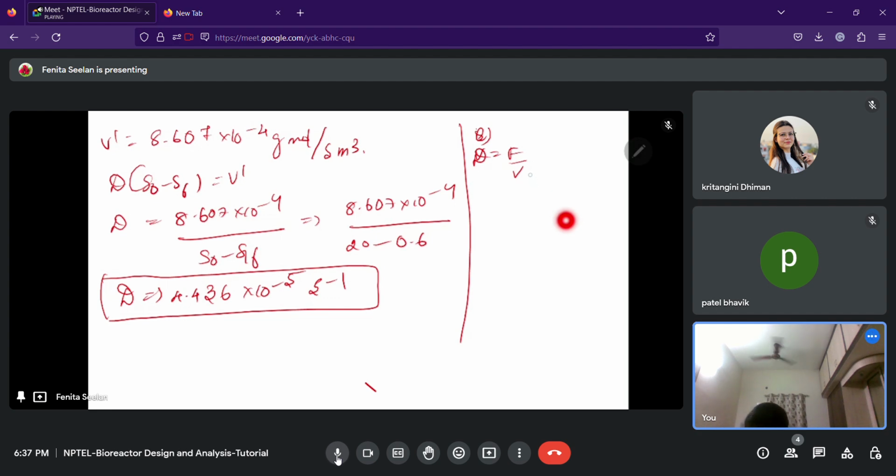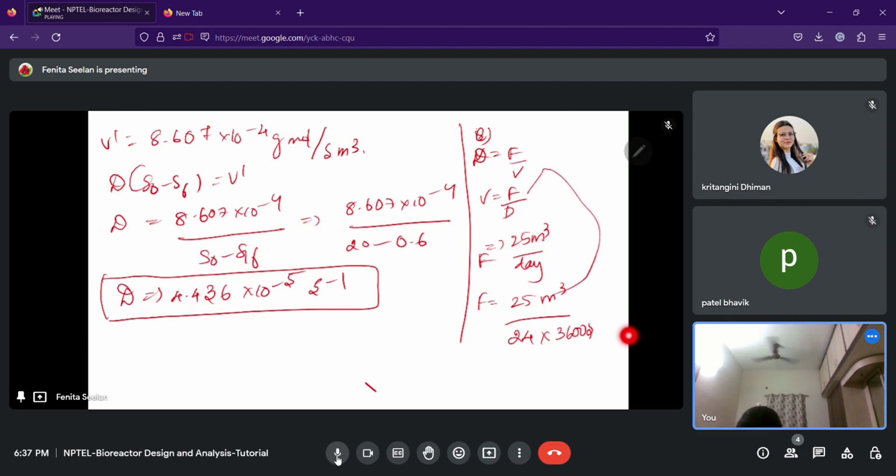We have to convert it into seconds because your D is in seconds, so that we can cancel things out. F is equal to 25 meter cube per 24 hours into 3600 seconds.